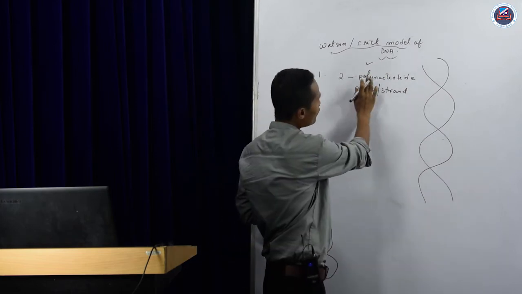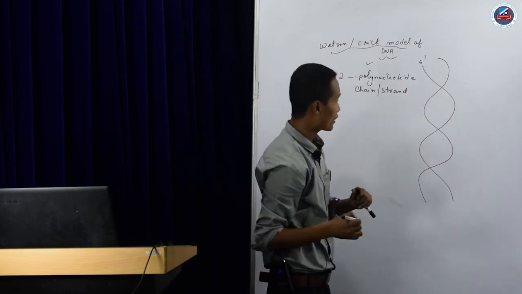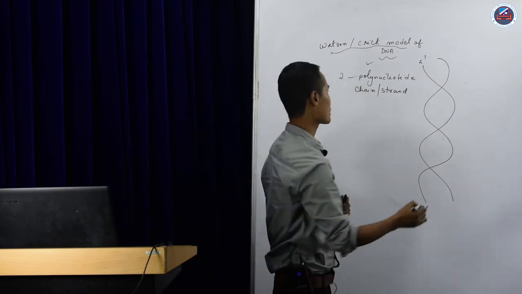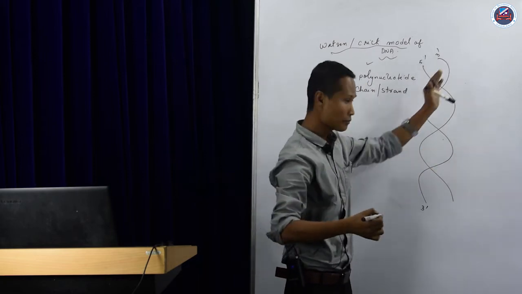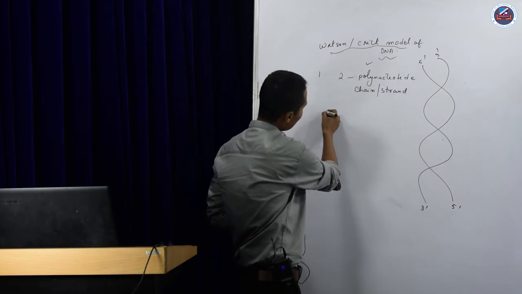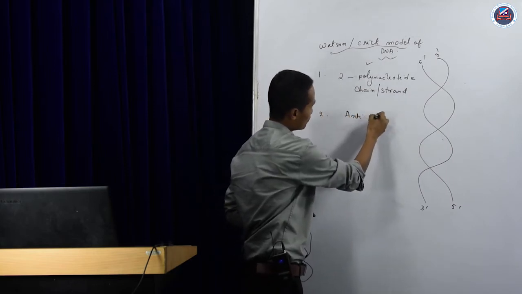Now, when I say two polynucleotide chains, if one runs from the 5 prime end to the 3 prime end, then the opposite strand should run from 3 prime to the 5 prime end. This is said to be anti-polarity.